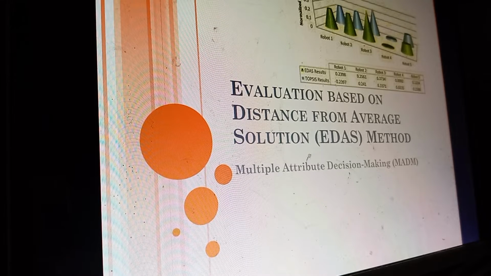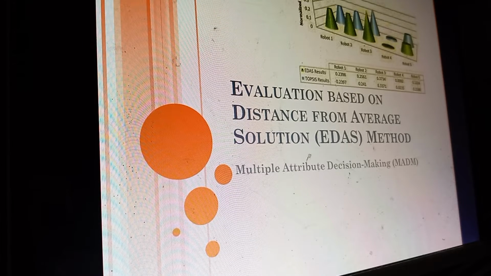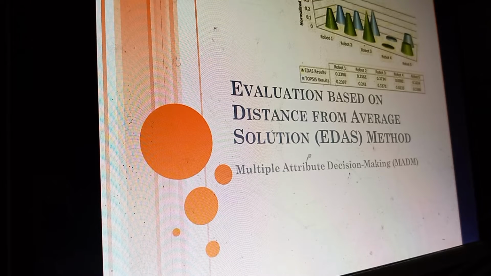So what is EDAS? The EDAS method was introduced by Ghorabaee. He proposed a new method called EDAS for multi-criteria classification. It ranks the alternatives by calculating the positive distance and negative distance between each alternative and the average alternative.